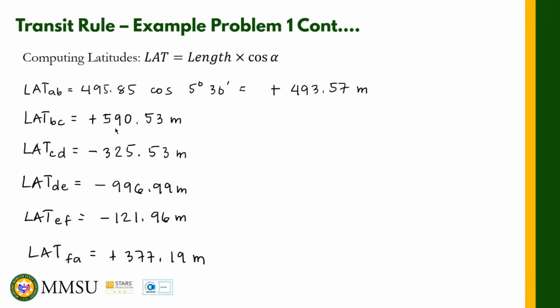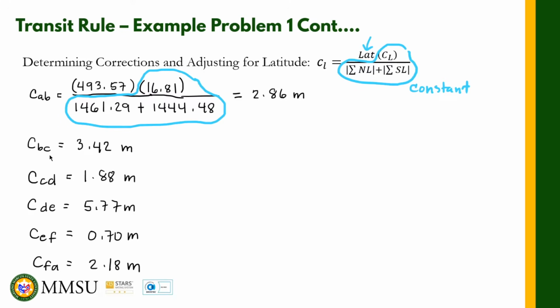For the next one, for the adjusted latitude of BC naman, the original latitude of BC is equal to 590.53. This is also positive, so we are going to subtract the correction. Ang correction na na-solve natin for BC is 3.42.